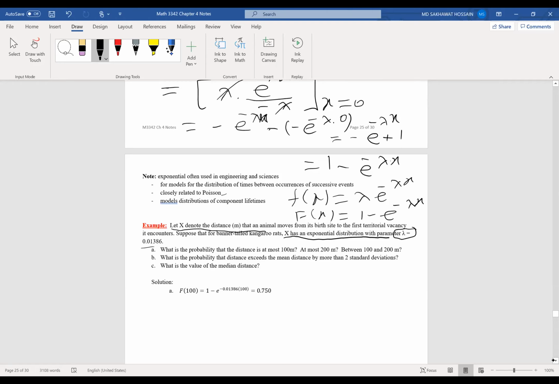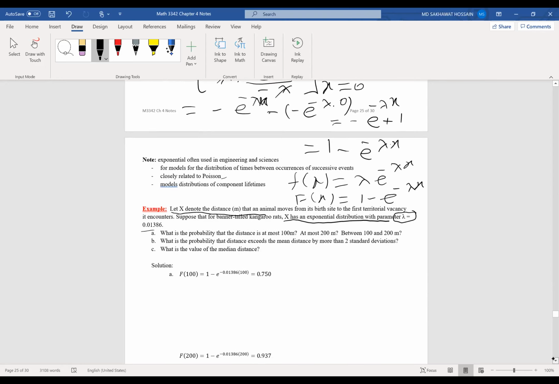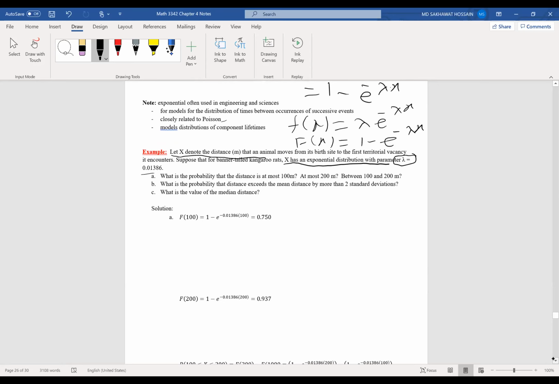What is the probability that the distance is at most 100 meters? We have to find the probability where x is at most 100 meters. So x cannot be more than 100 meters.